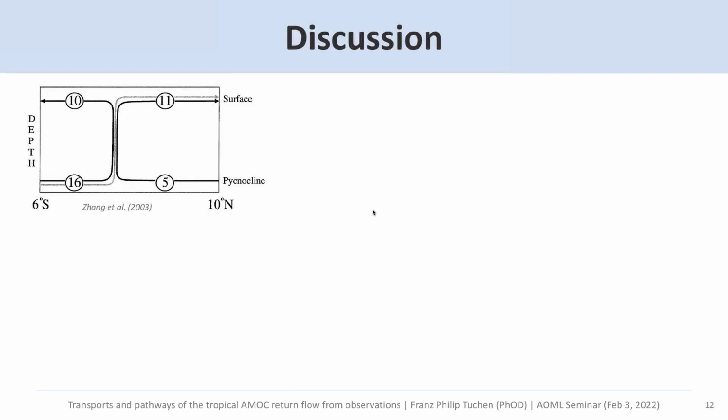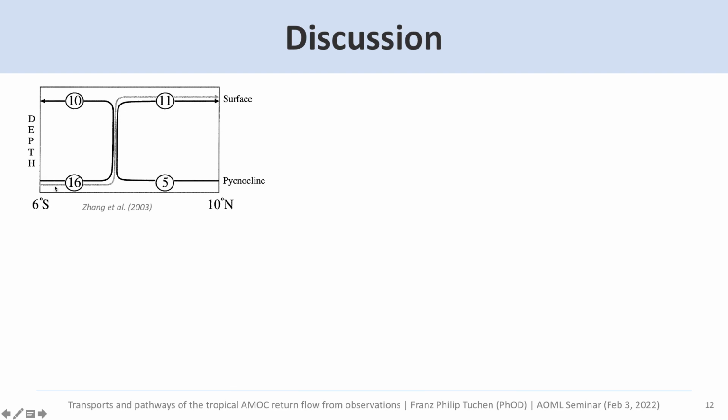Okay, to put this a bit more into context, again looking at the Zhang et al. study in 2003, it's a similar schematic showing you both subtropical cells in the black lines and the superimposed THC upwelling in the gray line.